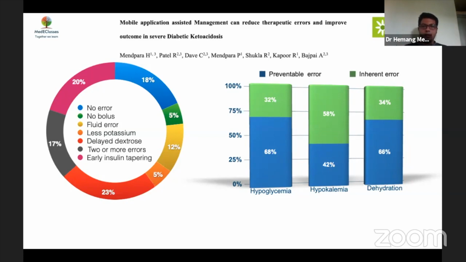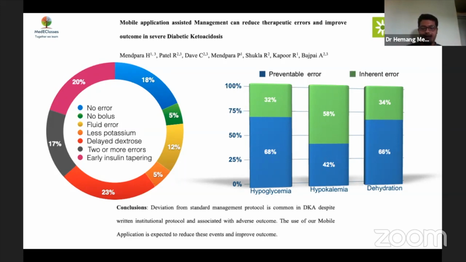Then we thought, how can we improve adherence to the protocol, and we came to the conclusion that we should make a mobile application that provides a basic algorithm on how to manage a case of DKA, how to provide the initial treatment, and how to monitor the patient subsequently.